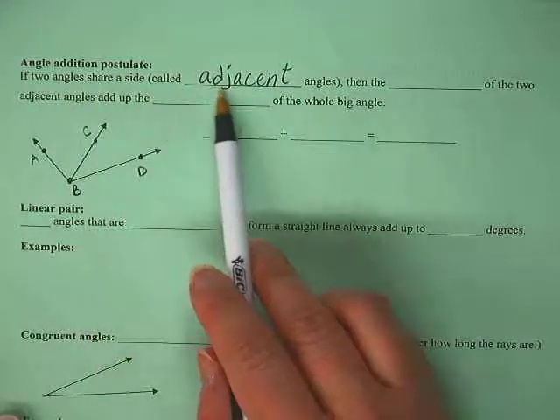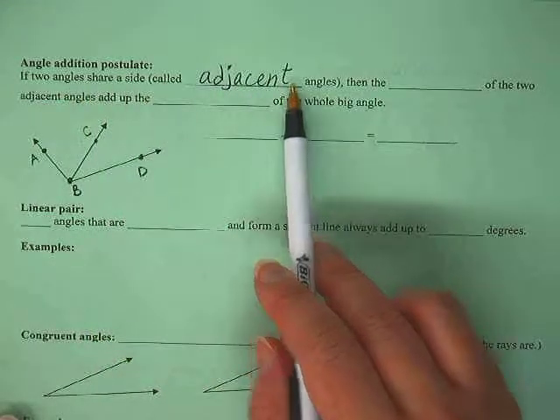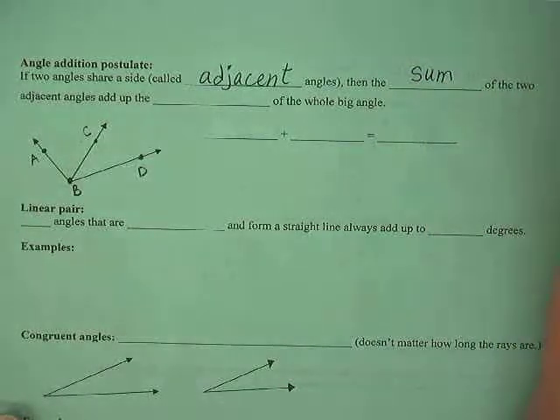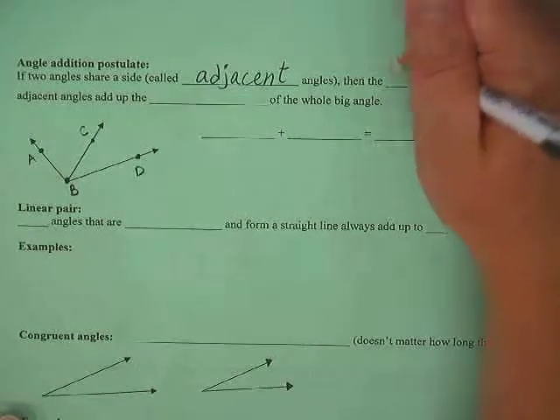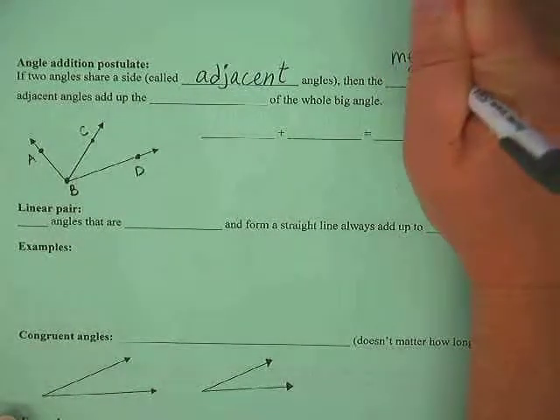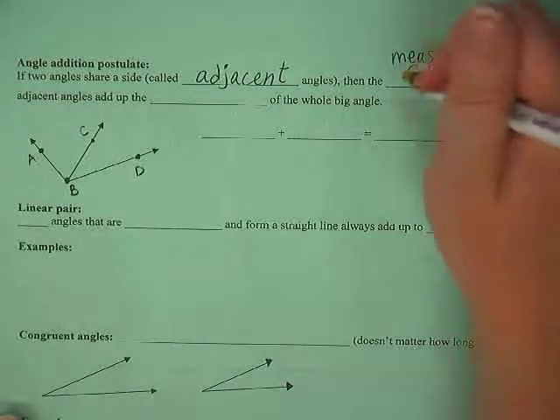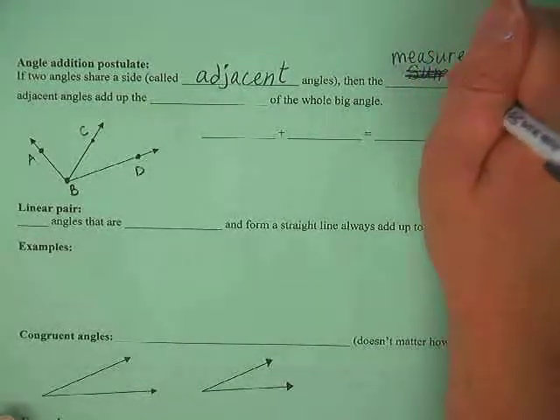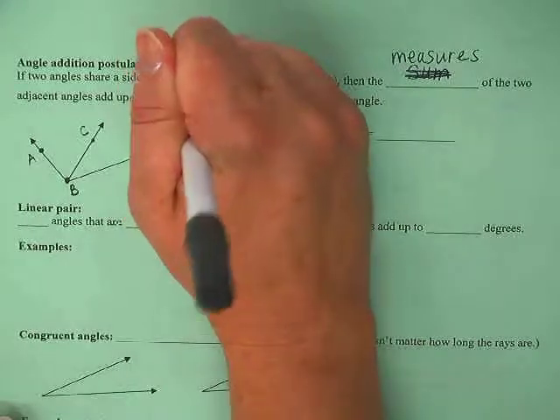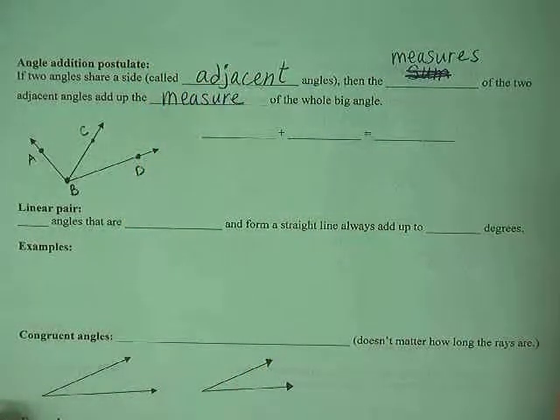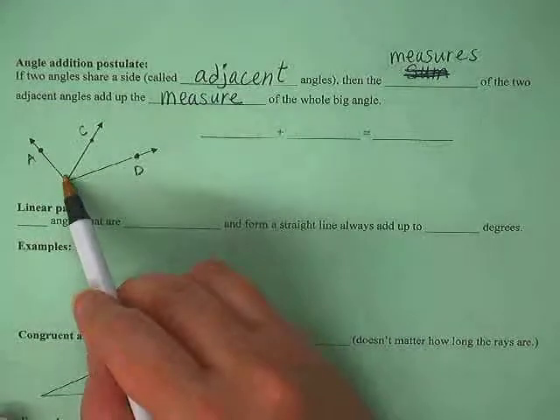Okay, if two angles share a side, they're called adjacent. Then the sum of the two, oh, you know what? It was actually supposed to be measure. I messed up. Then the measures of the two adjacent angles add up to the measure of the whole big angle.